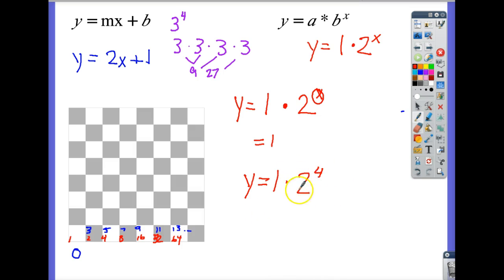That means I'm multiplying by 2 4 times. So that's what I get. 1 times 2 is 2, times 2 is 4, times 2 is 8, times 2 is 16. Do I have 16 in the 4th block? 1, 2, 3, 4. Yes, I do. So this just means how many times are you doing that? So here you'd be adding 2 each time, and here you're multiplying by 2 each time.